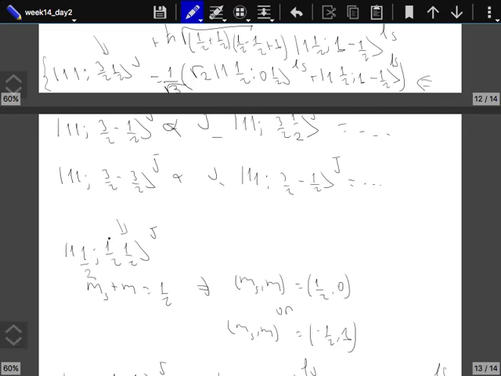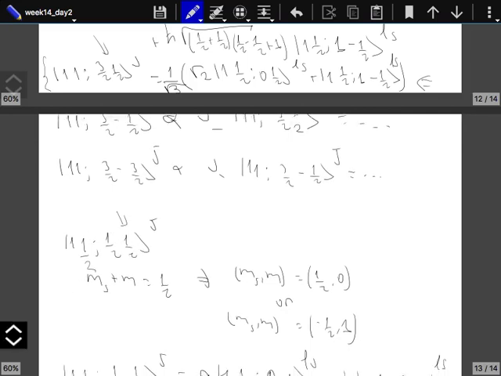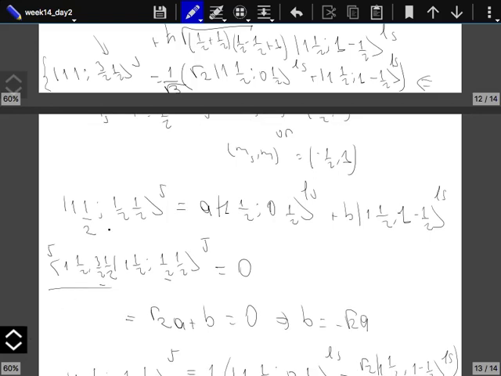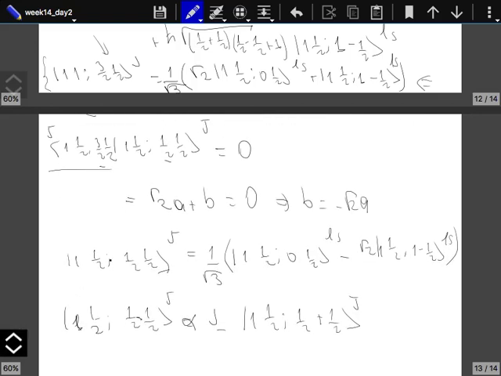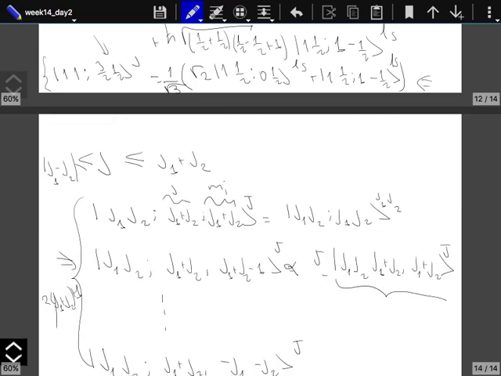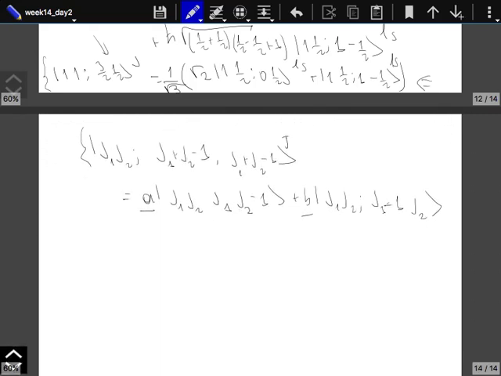But since they have different values of j, they have to be orthogonal to each other. So that orthogonality condition allowed us to determine those coefficients A and B. So you just repeat the same thing over here, etc. And then this way you can construct all your j bases.